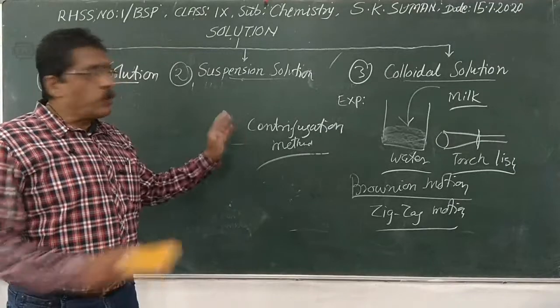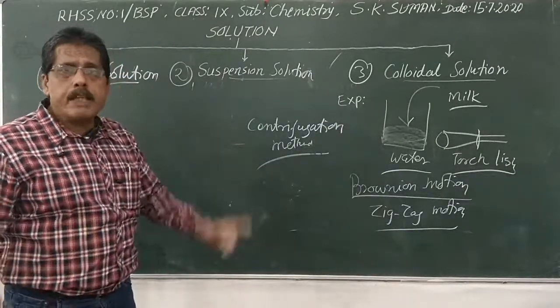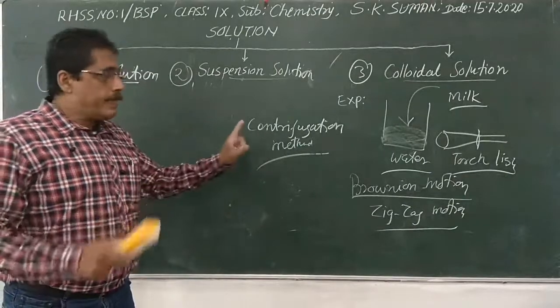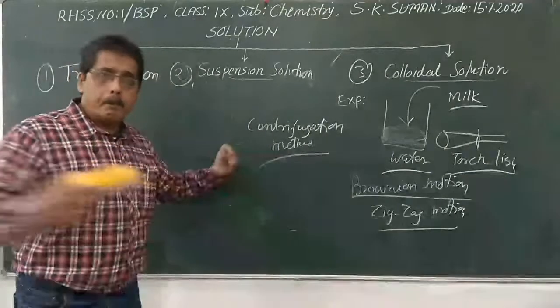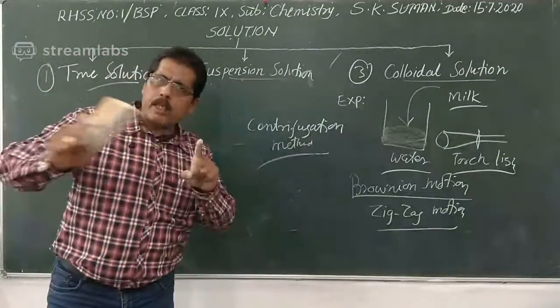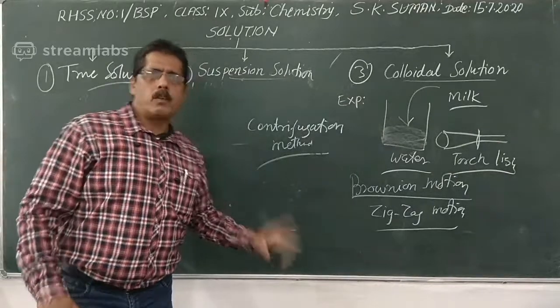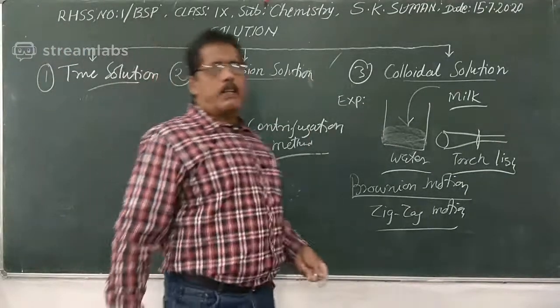Okay. Now come to colloidal solution. Yes, students, you came to know that in colloidal solution, the particles remain in suspended form. It doesn't dissolve completely, but because of the small size of the particle, it cannot be viewed through the naked eye, and the size of the particle is in between 1 nanometer to 100 nanometer.